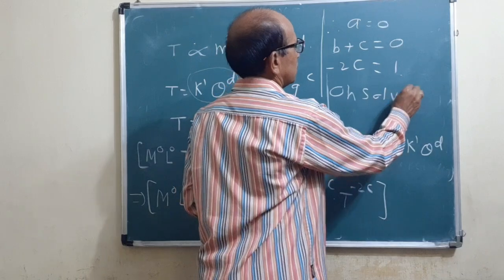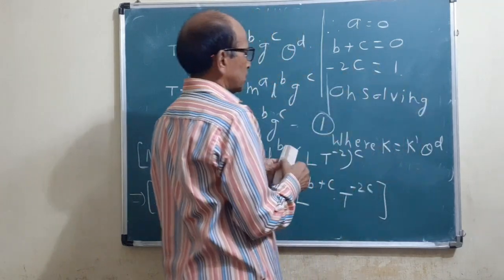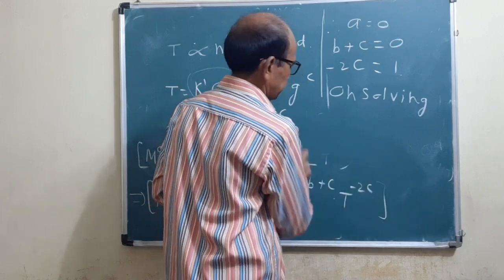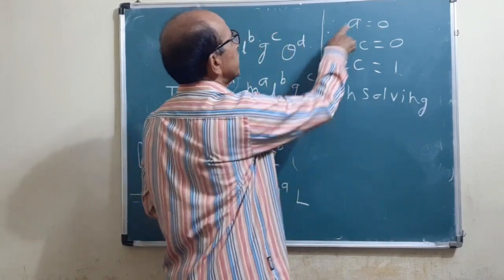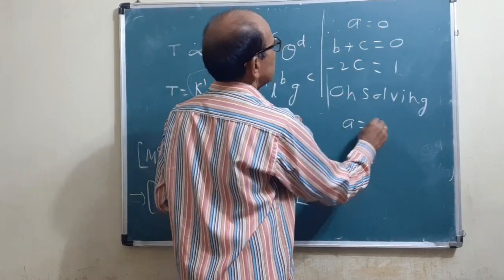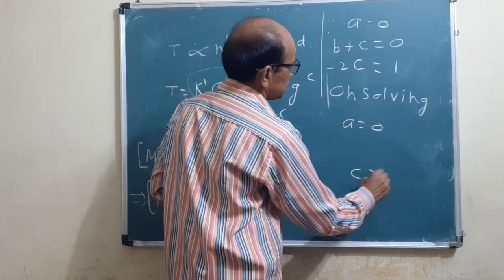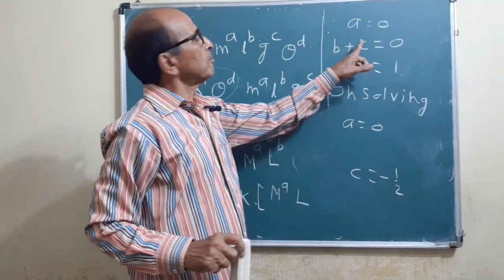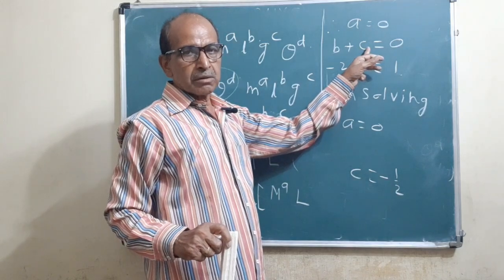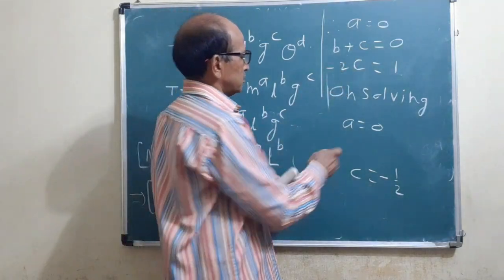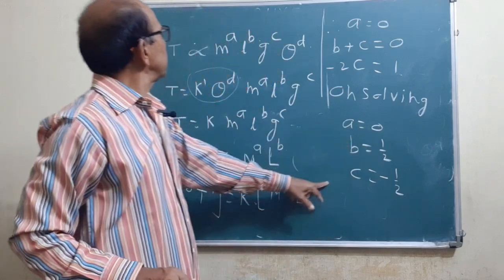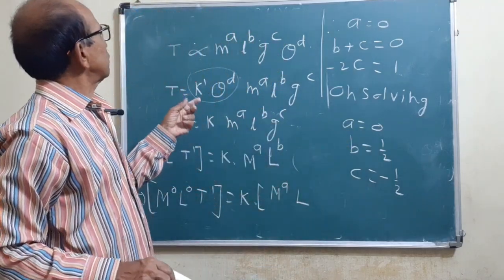On solving, you will get these values: a is equal to 0, and c is equal to minus half. Putting this minus half value here, b is equal to half. These a, b, c values you can put in equation 1.